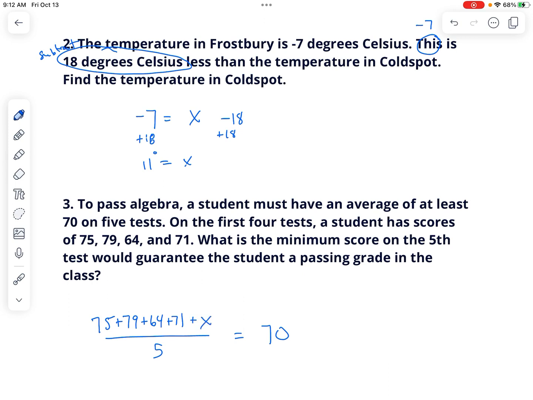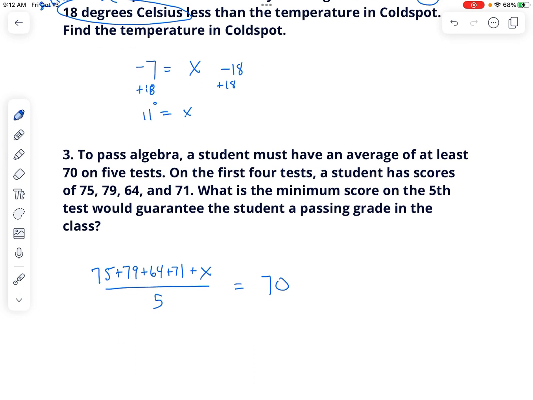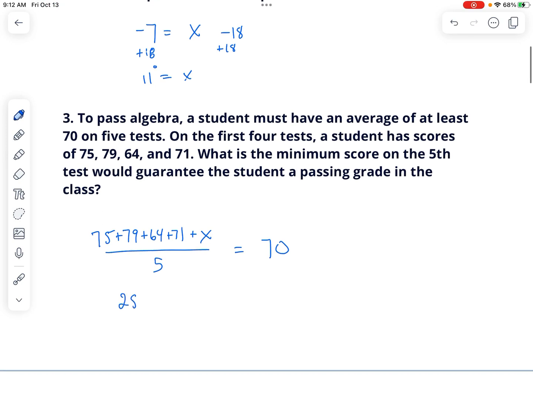I don't know that. If I don't know something, I'm going to use a variable for that. So that represents that one thing that I don't know. So when I add these all up, it'll be the easiest thing to do here. Okay, we're at 289.